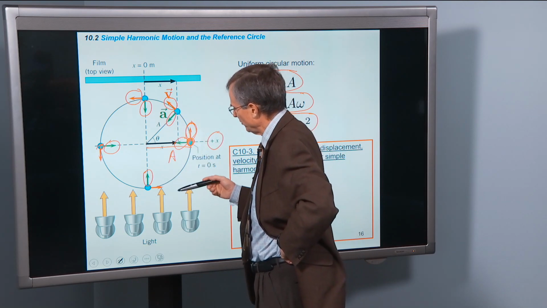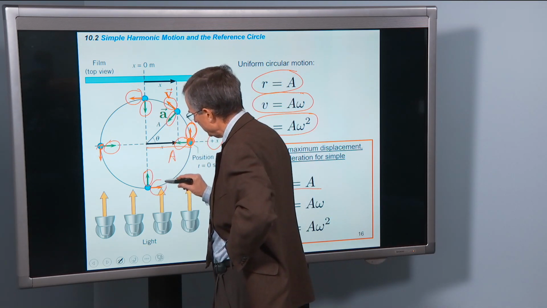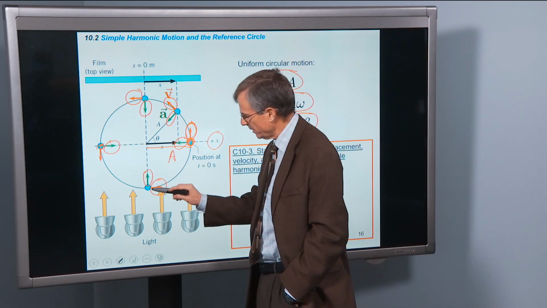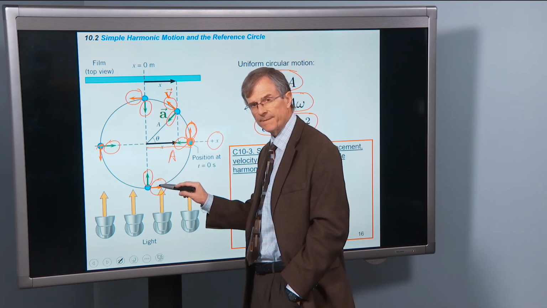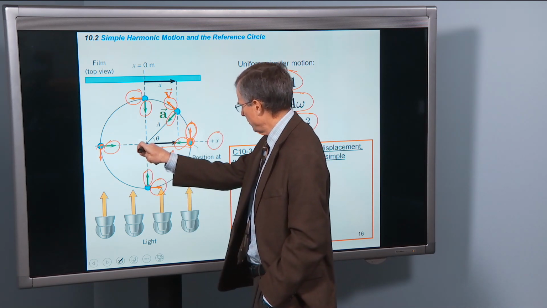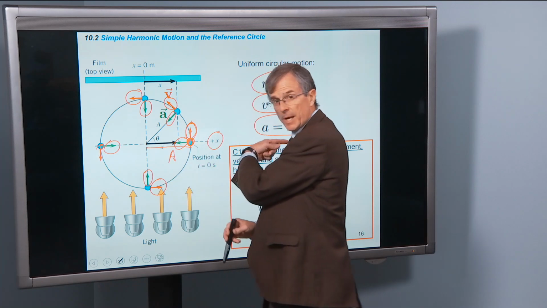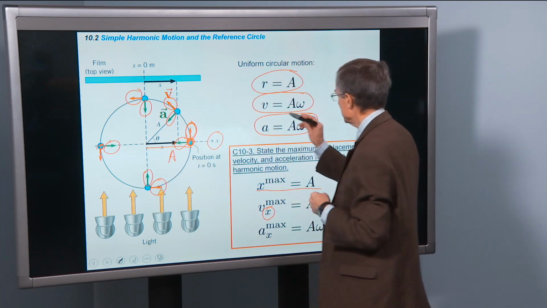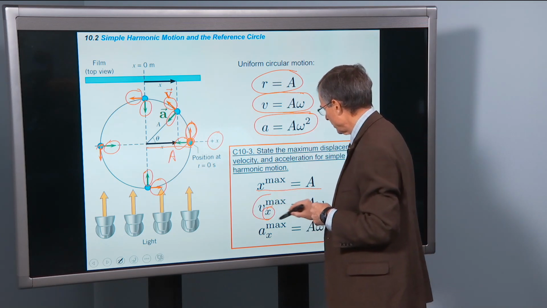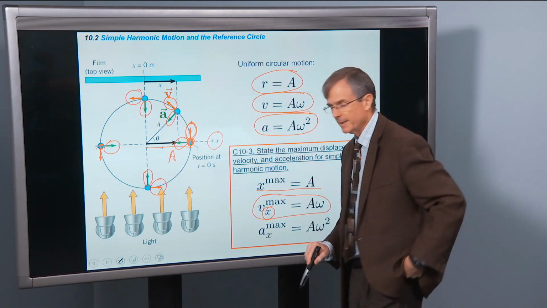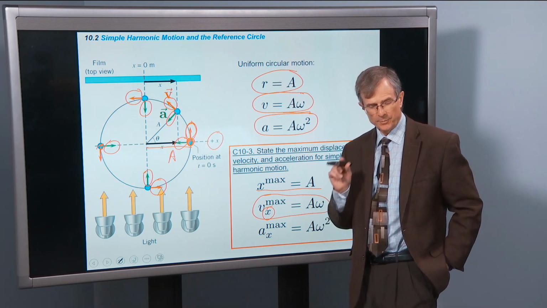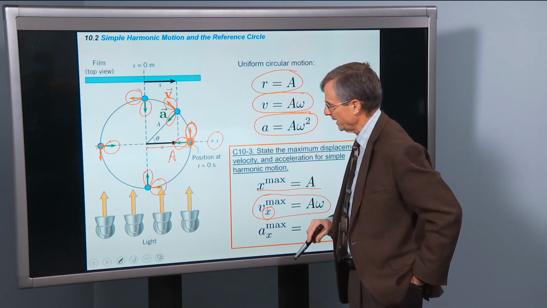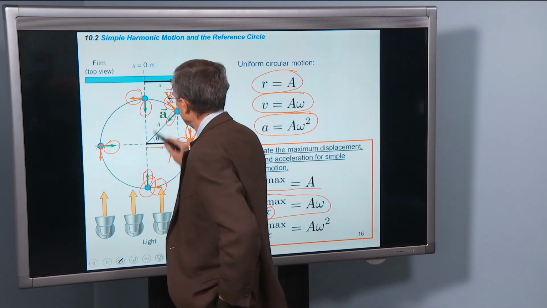Where does the maximum velocity occur? Let's take a look at this point here, Vx. What is the x component of that velocity? And you say, well, let's see here. X is to the right, that velocity is to the right, and the magnitude of that velocity is a times omega. Therefore, the maximum possible velocity you can get for simple harmonic motion is a times omega, and it occurs here and here.